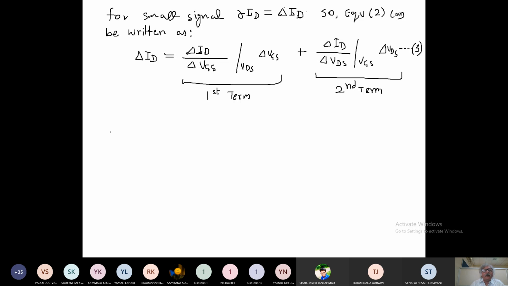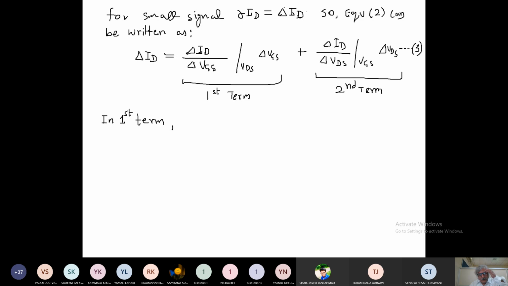So in the first term, you can find the small change in ID with the corresponding small change in VGS.